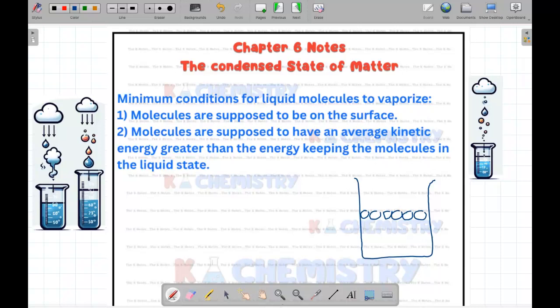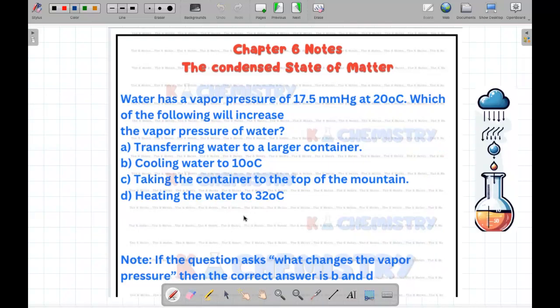The first force is trying to pull the particles up and make them evaporate, and the other, the attraction forces from other particles, is trying to keep the particles down and prevent them from evaporating. If the average kinetic energy is more than the energy keeping the molecules in the liquid state, then they are going to vaporize.